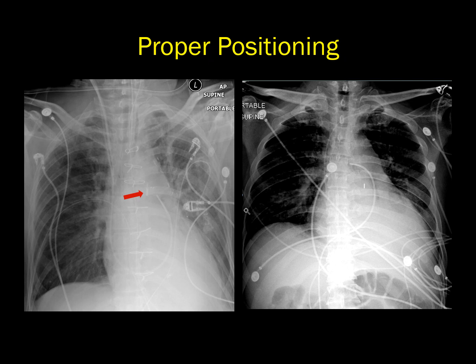This can often move and migrate with patient transportation or movement, and often requires frequent chest x-rays to make sure the positioning has not changed. On the right side, you can see the intra-aortic balloon pump has been slightly withdrawn into the mid part of the descending thoracic aorta. In this patient, it should be advanced using proper techniques. There's a risk for visceral malperfusion related to the balloon pump occluding visceral vessels.